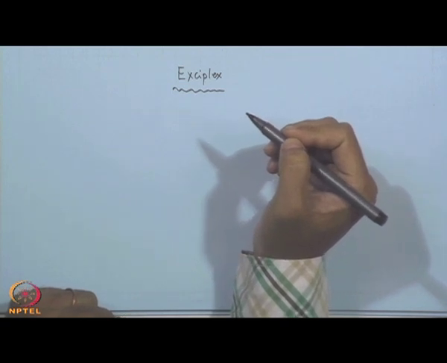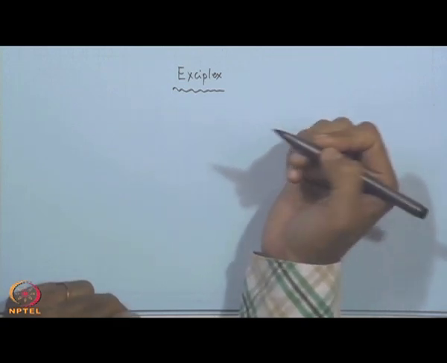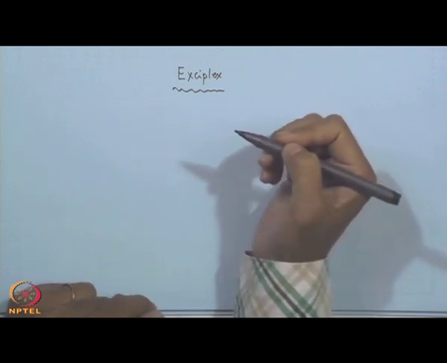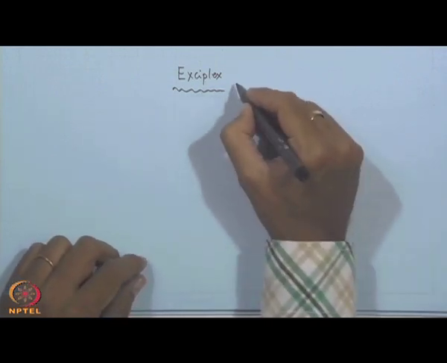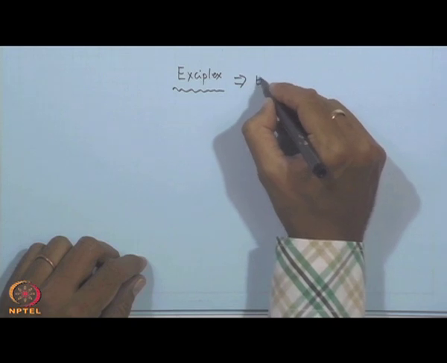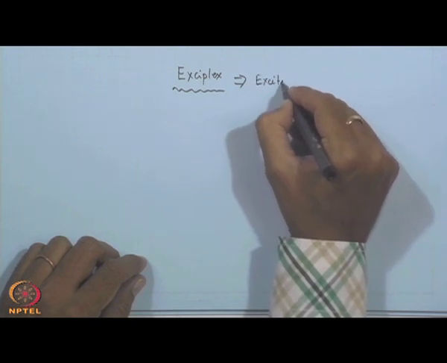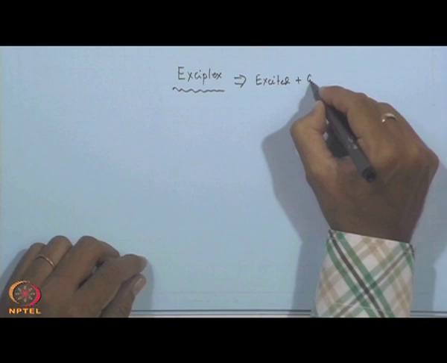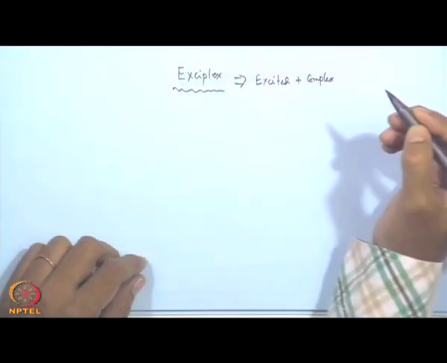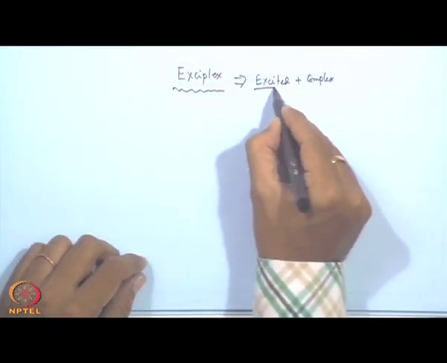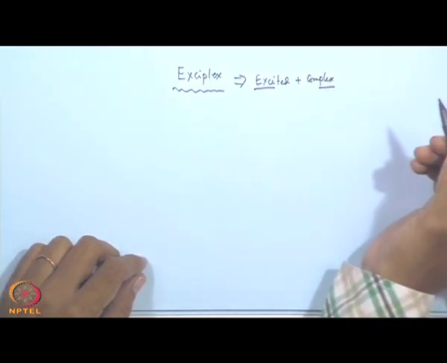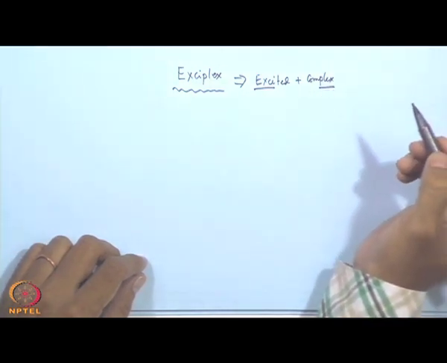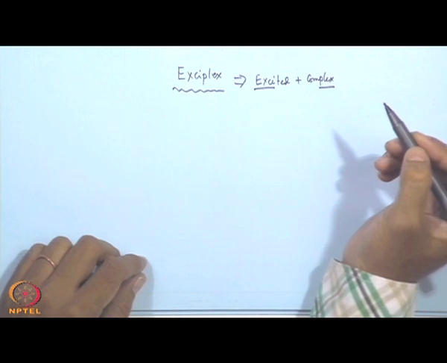Now, the term Exciplex contains the significance of the term, that is, it is basically excited plus complex. So, Exci and this plex. So, it is a complexation in the electronically excited state.